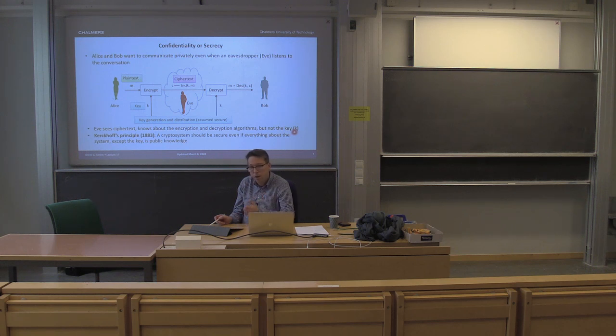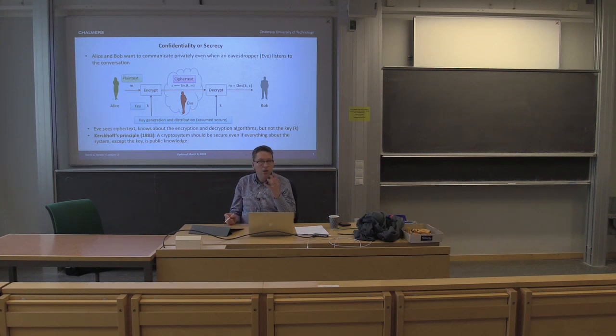So that's the setup, and this is an important principle. Actually, there is a principle called Kerckhoffs's principle, and it's from 1883. He didn't exactly say it like this, but this is what he meant. He said that a crypto system should be secure even if everything about the system except the key is public knowledge.